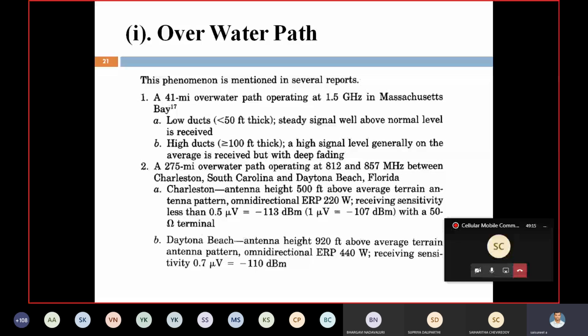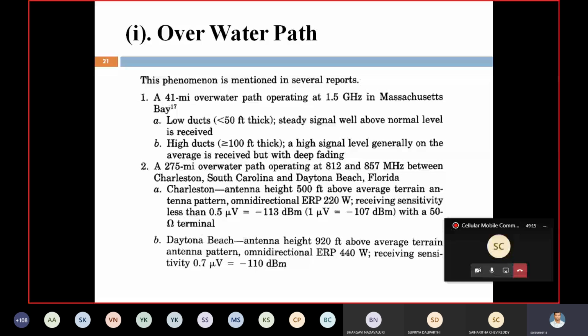From 50 feet to less than 100 feet, we are getting high ducts. Already you know how interference occurs through water in the second unit. Due to water, how interference occurs. I think in the assignment, the last question, you also studied how interference occurs due to water.